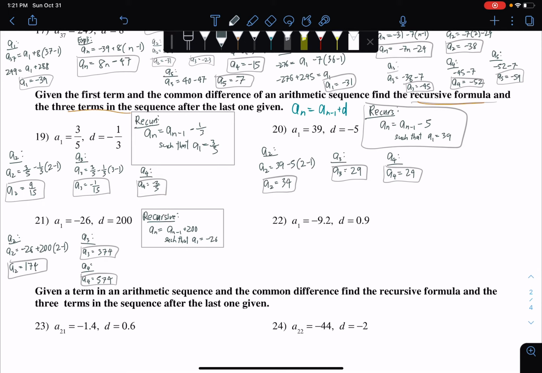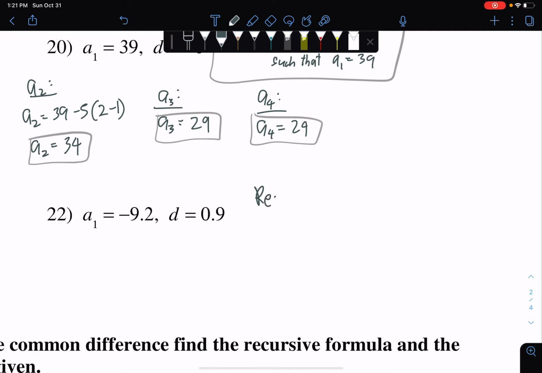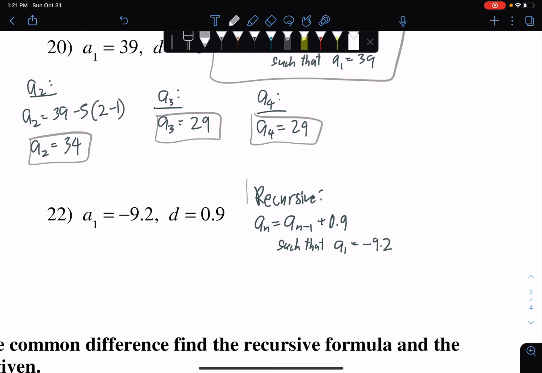Let's try not repeating the mistake with number 22. Recursive. Okay. A sub n is equal to a sub n minus 1 plus 0.9, such that a sub 1 is equal to negative 9.2. Alright.